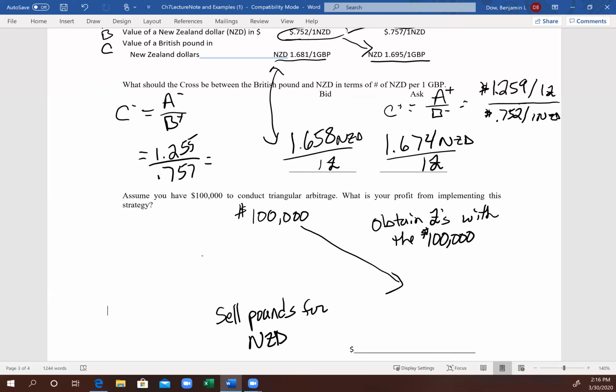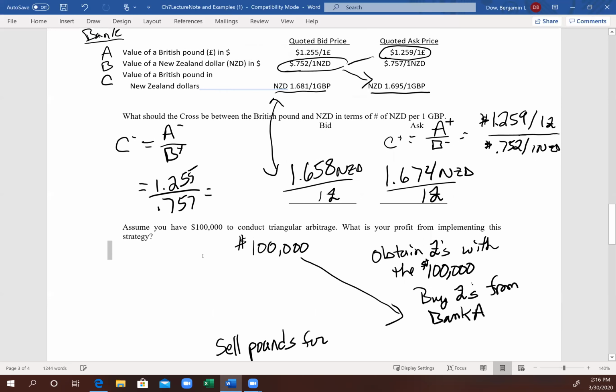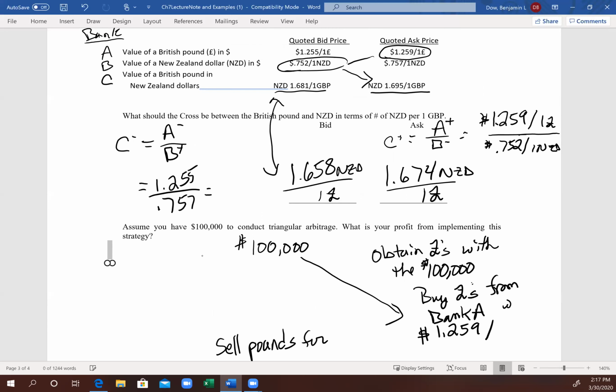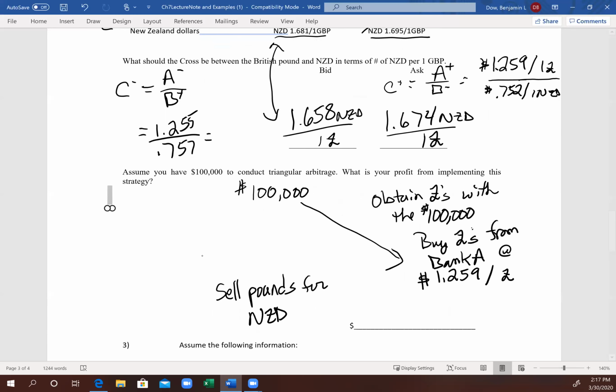And so what we're going to have to do is buy pounds from Bank A. And if we look, we can see we can buy pounds from Bank A at $1.259 per pound. So now all we have to do is figure out how many pounds we can buy if each one costs us $1.259.